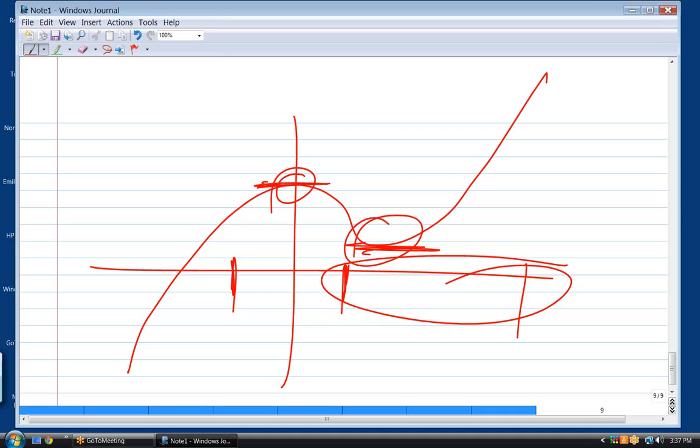So finding where the slope of the tangent line is 0 is extremely important in all kinds of situations, because where the slope of the tangent line is 0 is where you have your maximums and your minimums. And that's usually what people are trying to figure out: where does the maximum of a function occur?